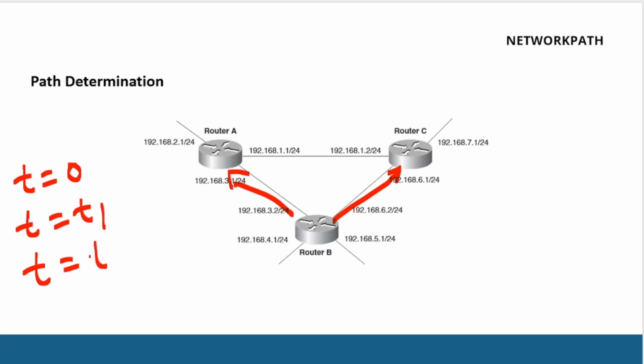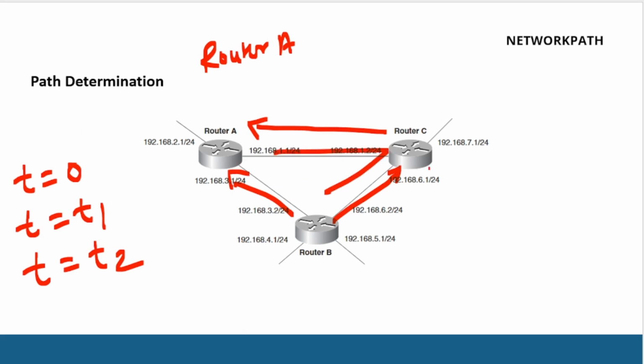But at t equals t2, after some time, C will share that information about 4.0/24 with router A. Now router A has some ambiguity here. Which route should it choose? This route or this route? There are two routes. So the question is, if router A hears about 4.0 from both B and C, which router should be used to reach that network? Are they both valid? And if they are both valid, then which is the most optimal one?